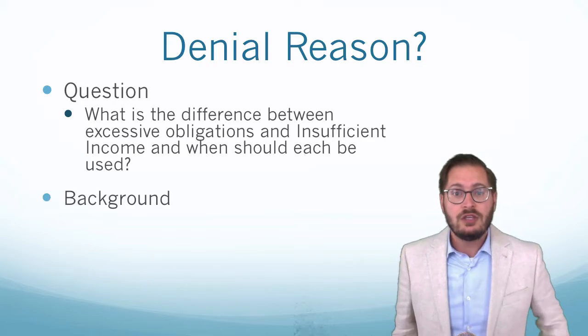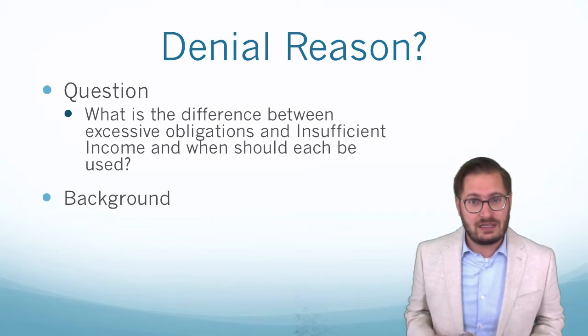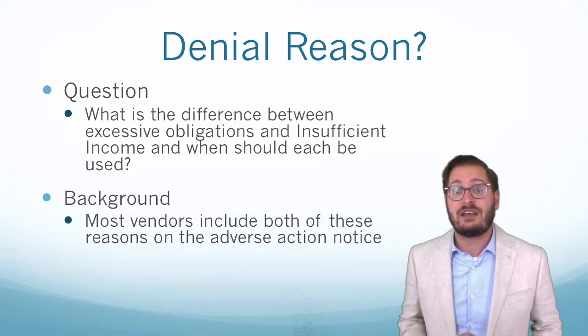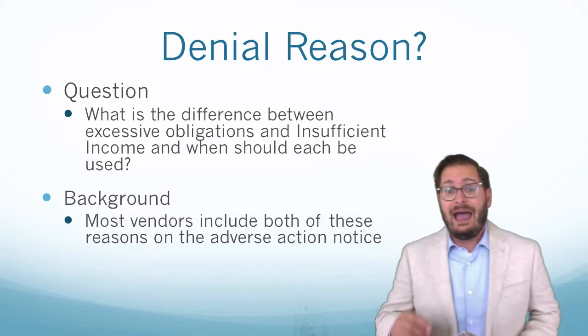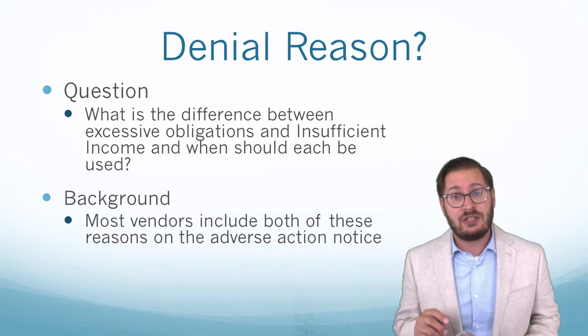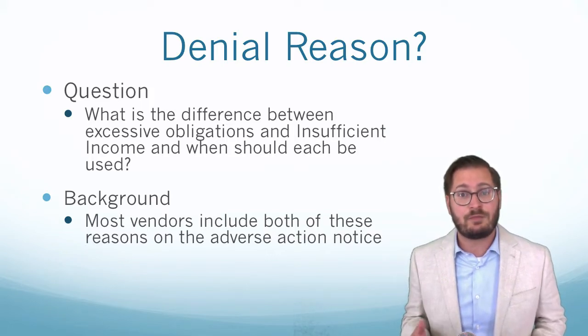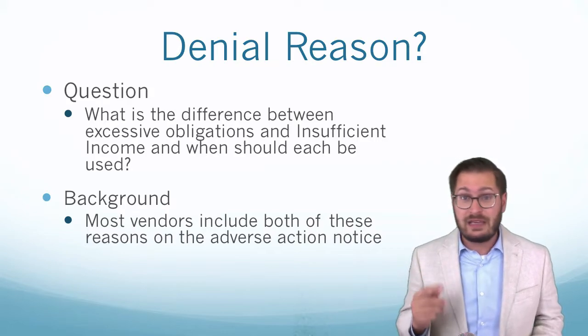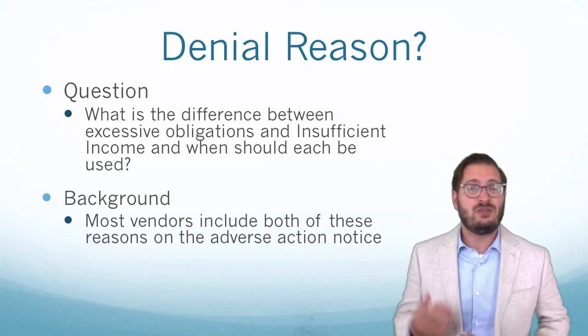So as far as a background to these reasons, the reason it is tricky is because most vendors include both of these reasons as options on the adverse action notice or denial form that is provided to the customer. They're hard-coded reasons, so you get to pick one or the other or both, but they don't tell you when to use it.